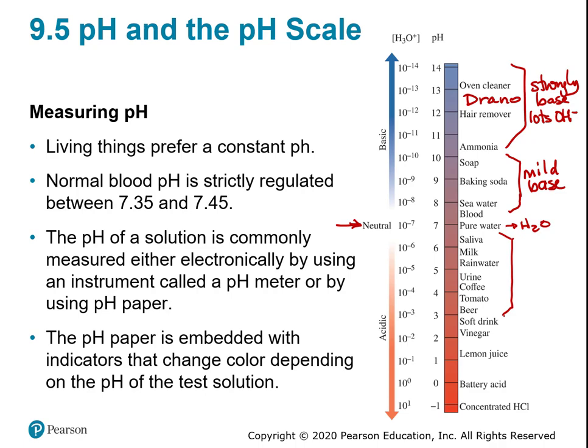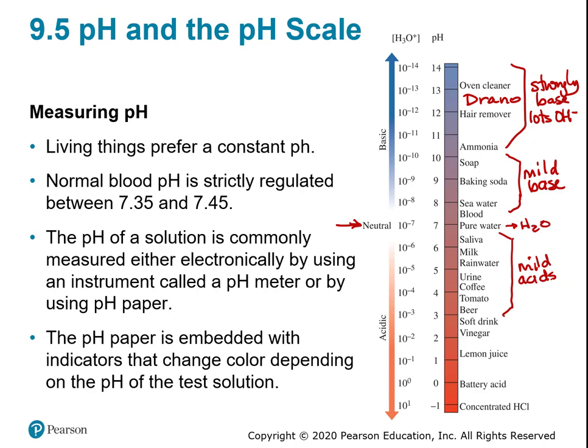Even urine, coffee, tomato, beer, soda, a lot of the foods that you eat, those are all going to be in this range or neutral, most commonly. These they call mild acids, or they say that they're mildly acidic because they don't make a lot of hydrogen ions. So remember, those are the reactive ions. So not as bad if you come in contact with it.